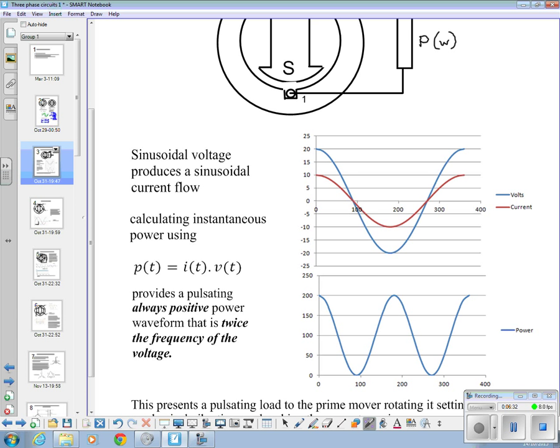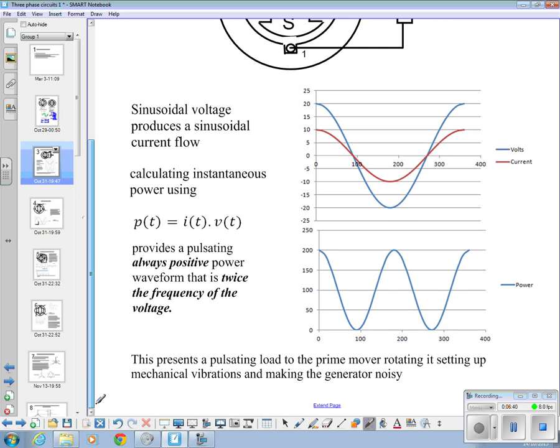So we got this power that's pulsing at twice the frequency, effectively 100 Hertz. It's not a straight line, not an even power output. So what that does is it presents a pulsating load to the prime mover, the engine, the turbine, whatever's driving this generator.